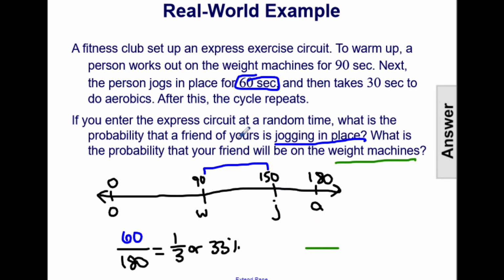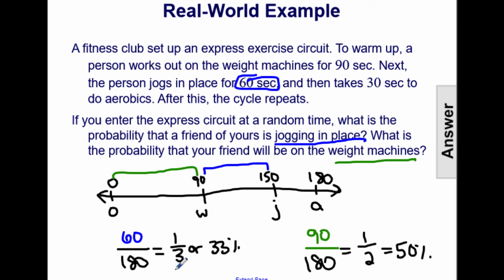But now we have the weight machines, which is what you started with, from 0 to 90, so 90 seconds. 90 seconds out of that total 180 seconds gives us a probability of 1/2 or 50%. So we can compare the different lengths and probabilities, and you have a higher chance of finding your friend on the weight machines, with a 50% chance, than jogging in place.